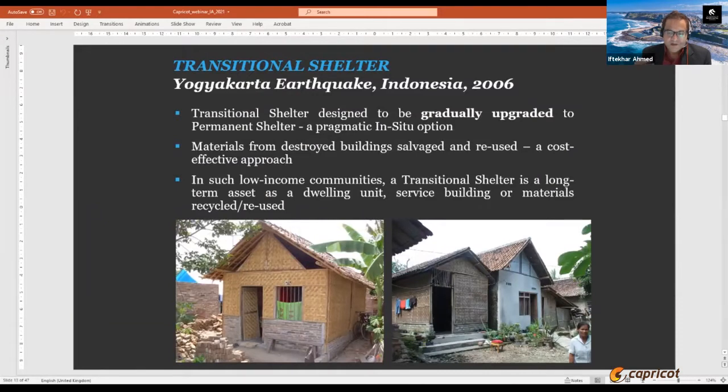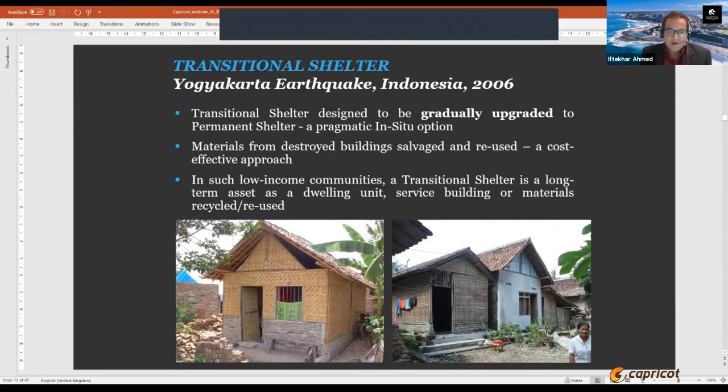They actually become permanent shelters. So there are different approaches to this issue. In this particular case in Yogyakarta, what they did was they provided some kind of shelter with the resources that they had to allow people to upgrade them over time, and to salvage materials.